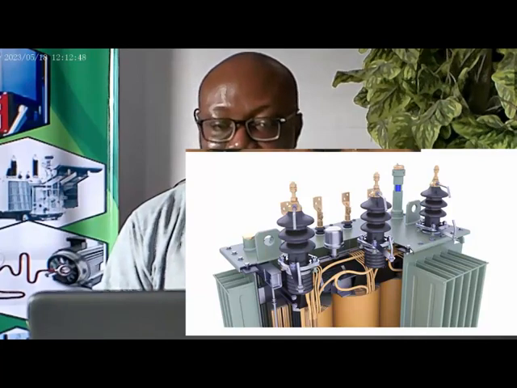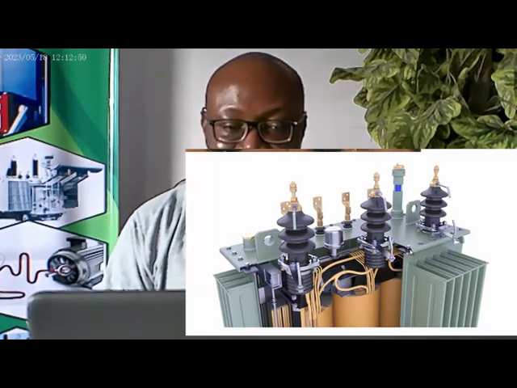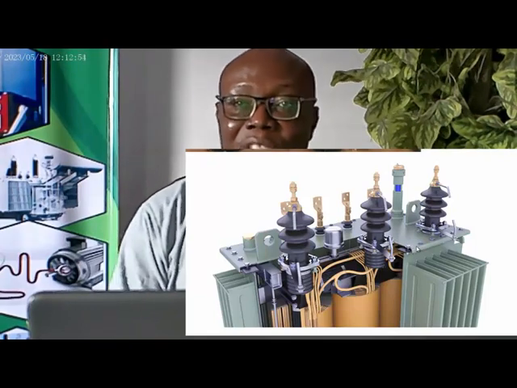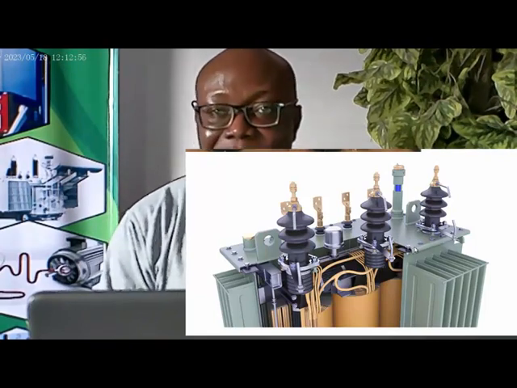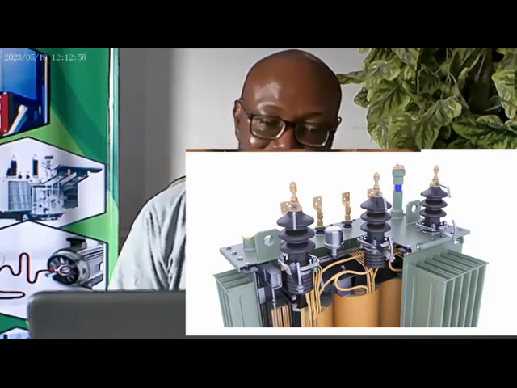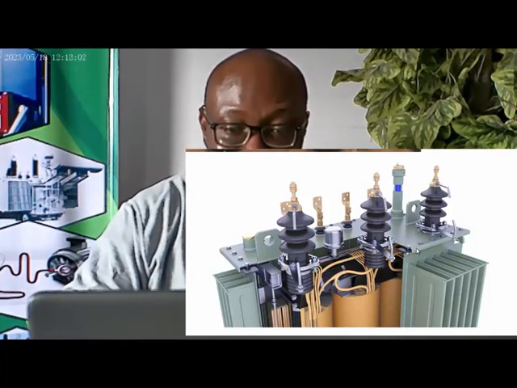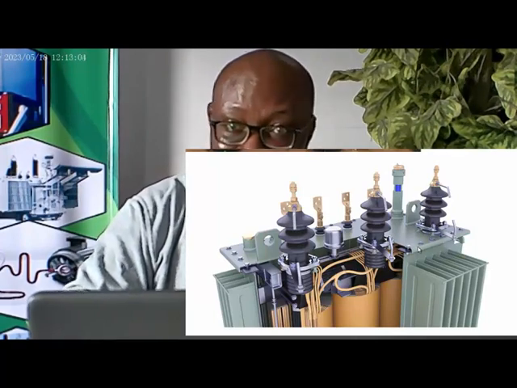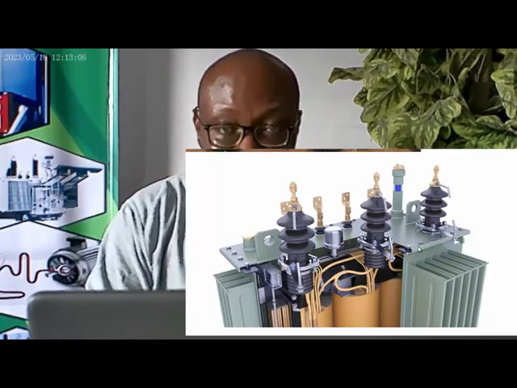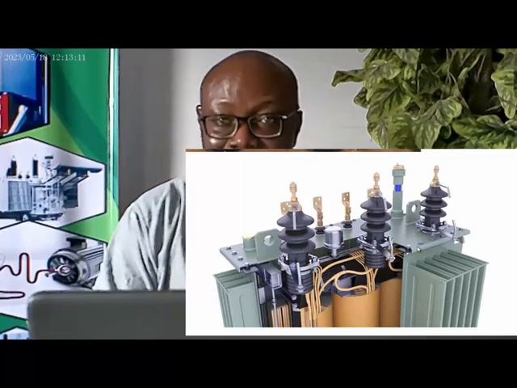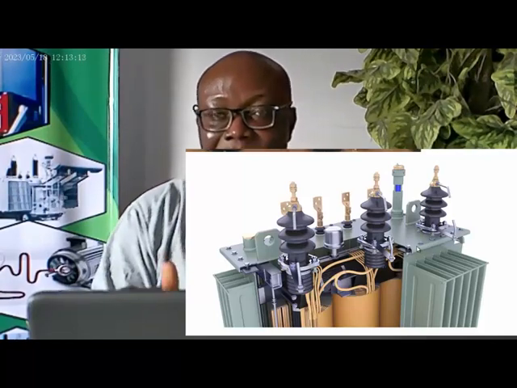Are we getting it? Or between the secondary winding, any of them, and the ground. That will give you the separation between each of these windings and the ground. So when you are testing, that is exactly what you are testing. When you are carrying out a power factor test too, it's the same thing, because you are looking at the insulation between the secondary and the primary windings, and also between each of these windings and the ground.